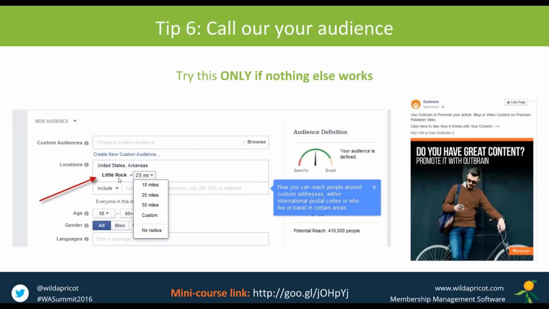So what does that mean? Calling out means you could say, attention nurses in Little Rock, join this association event on, I don't know, how to improve your nursing certification or whatever it is, right? The only people that will click on that ad will be nurses, right? So over time, you will make Facebook's algorithm smarter, and it'll go, oh, okay, only these particular people are clicking on it, and then it'll start showing those ads only to those people, and it won't show it to the rest of the audience.